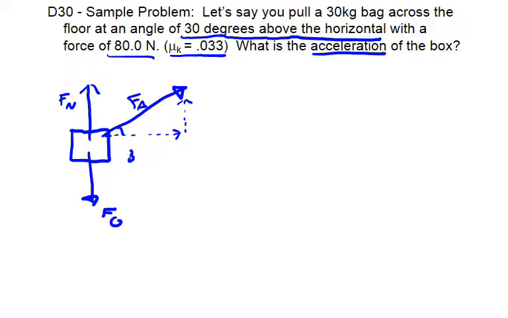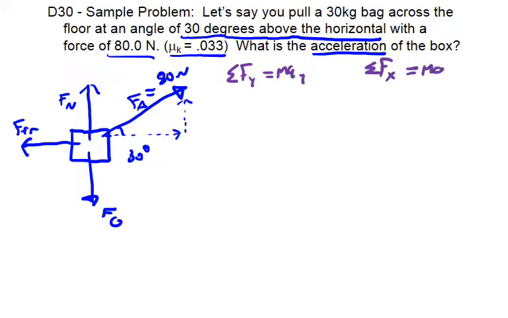This angle is 30 degrees, and we pull the bag at 80 newtons at 30 degrees. And then we have friction acting backwards, force of friction. Okay, so let's go ahead and set up the sum of the forces in the y equals ma in the y. Sum of the forces in the x equals ma in the x.